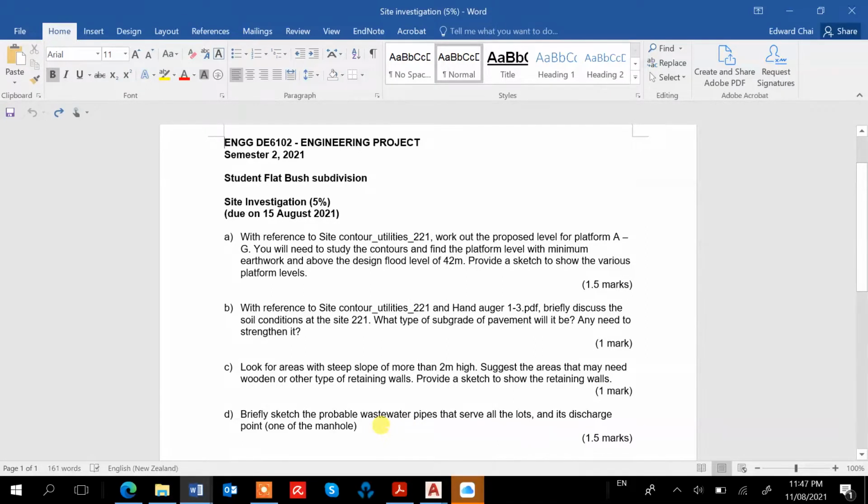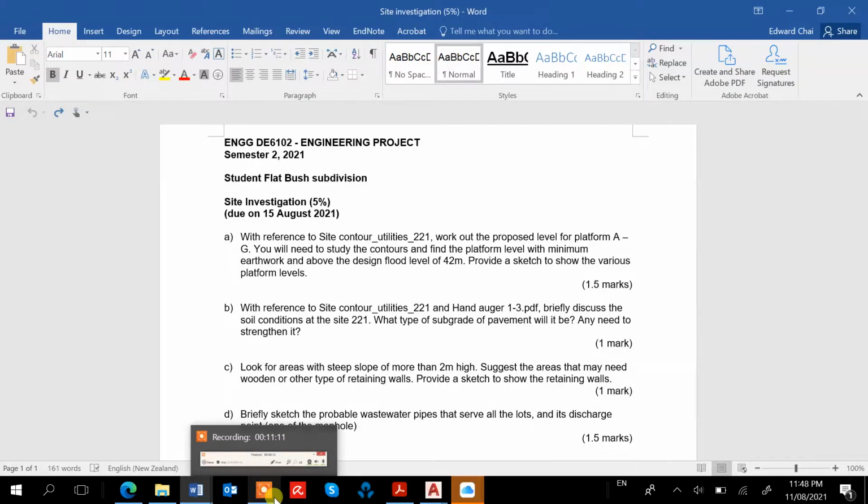But the important thing is that this sewer line may affect the platform level. So actually for this one, I think we need to find the invert level of a certain point that may affect the platform level.